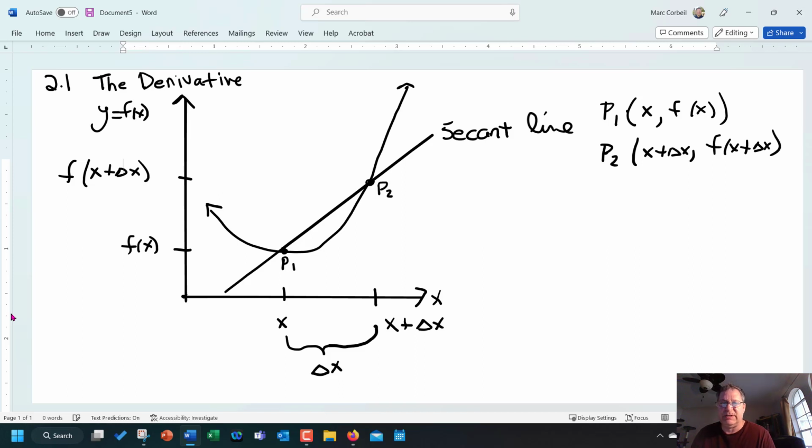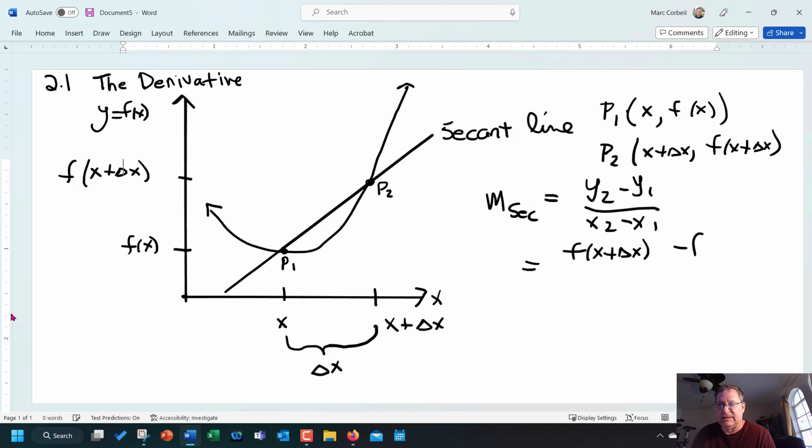So those are our points, and we'll do the slope of the secant line, which would just be the slope of a regular line, which is y2 minus y1 over x2 minus x1. And if we work that out, that'll be f of x plus delta x minus f of x all over x plus delta x minus x.